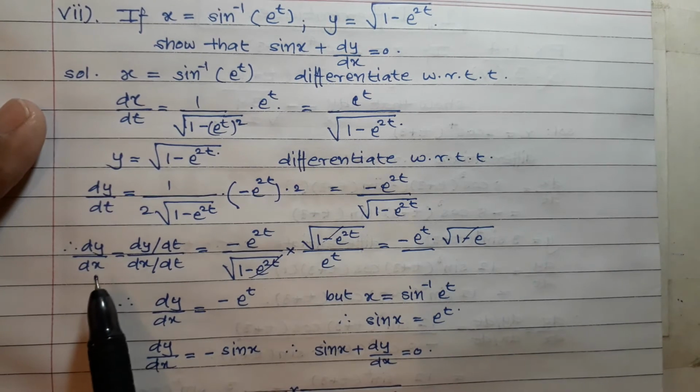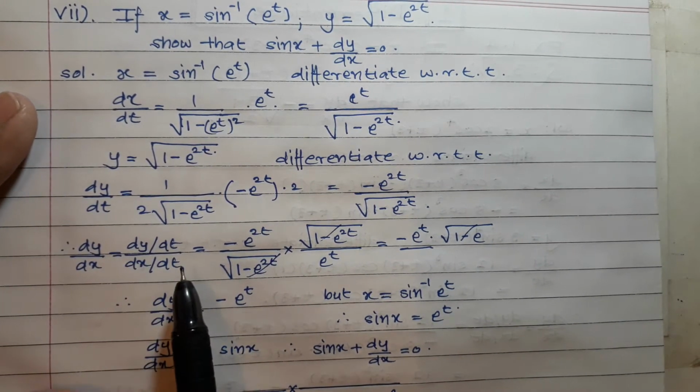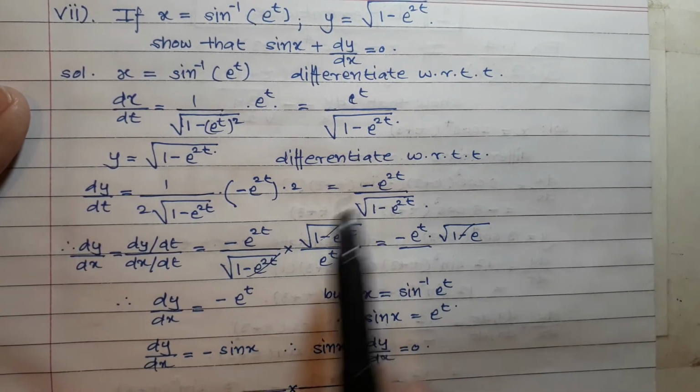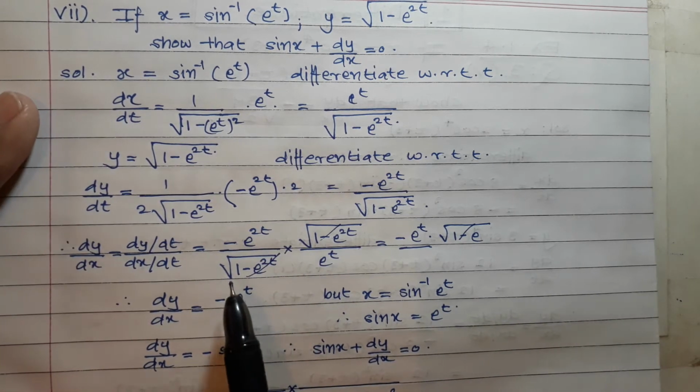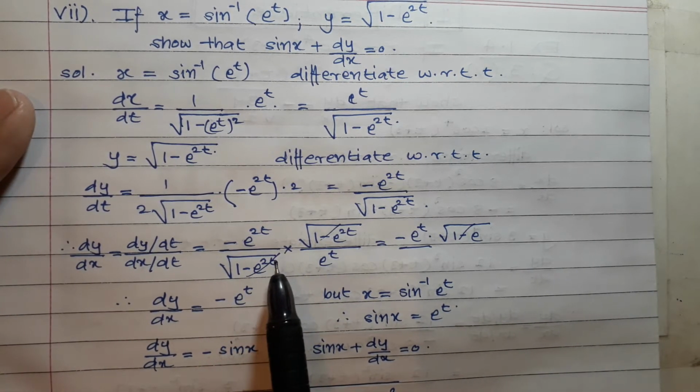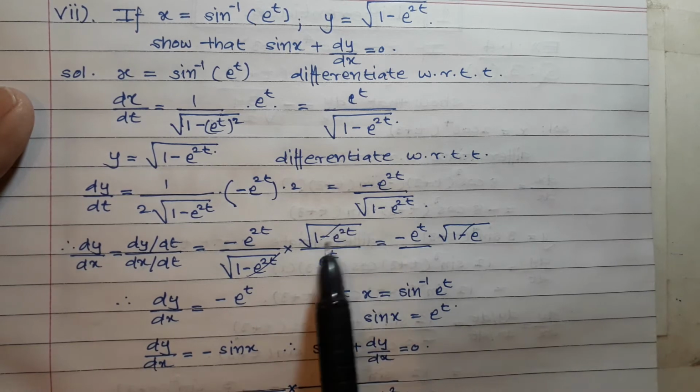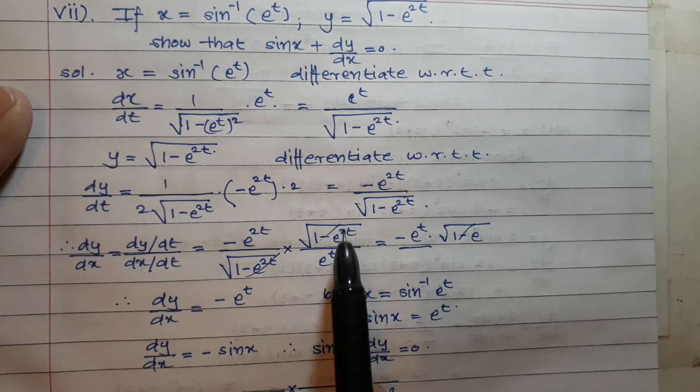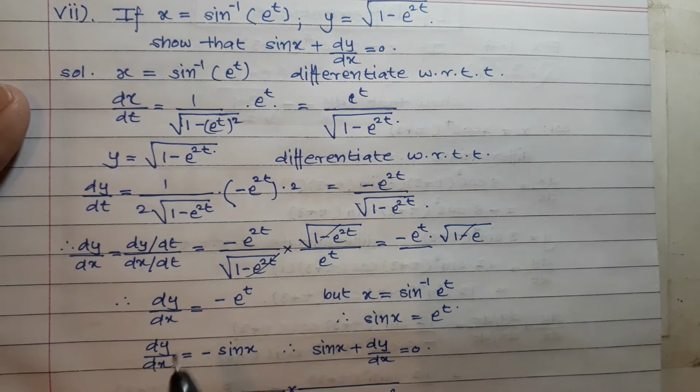And therefore dy/dx is equal to dy/dt upon dx/dt, is equal to minus e raised to 2t upon root 1 minus e raised to 2t, into root 1 minus e raised to 2t upon e raised to t.